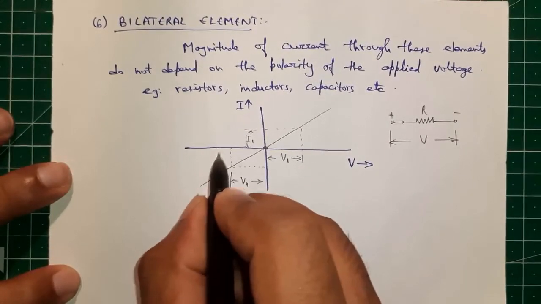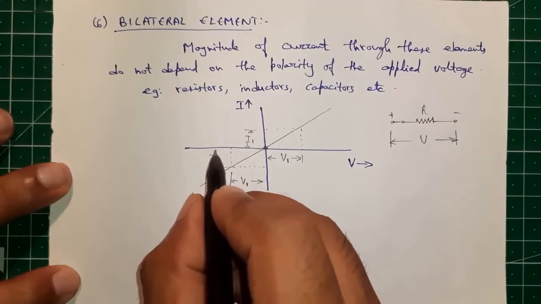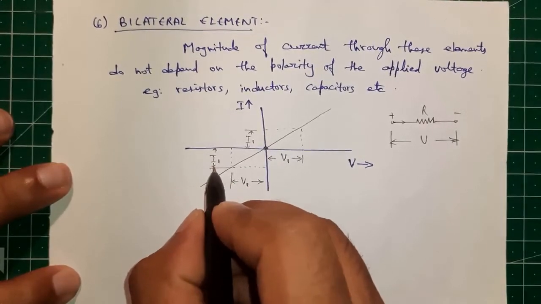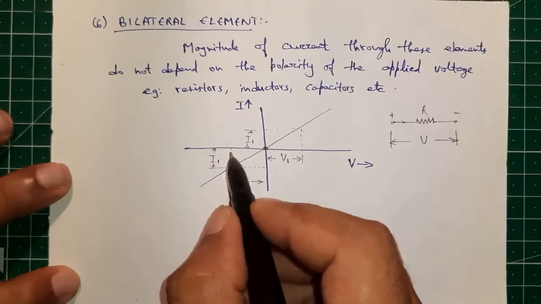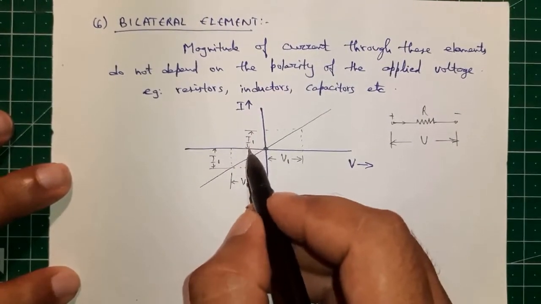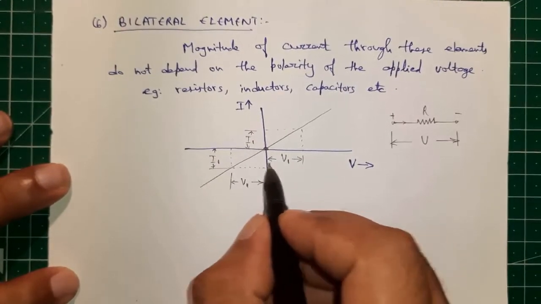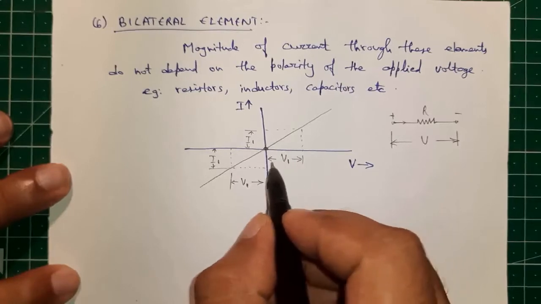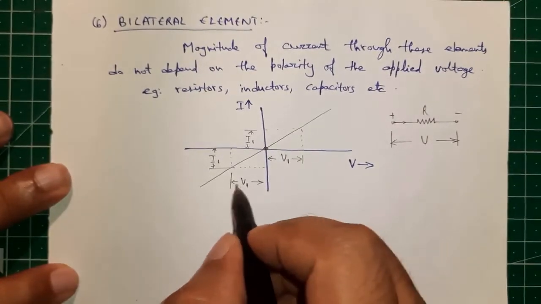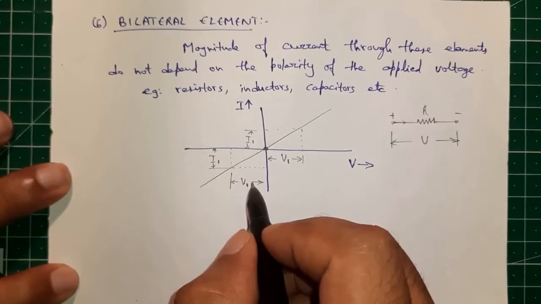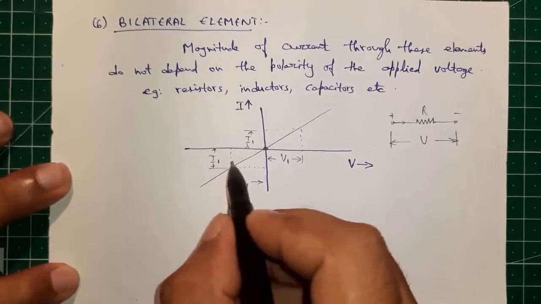The current direction will change, but the magnitude of this current will be the same as the earlier current. When you reverse the polarity of V1, the current direction will change, however the magnitude is going to remain the same.